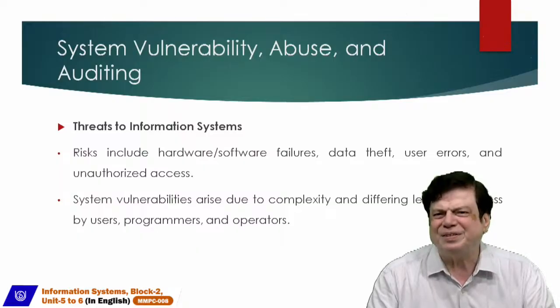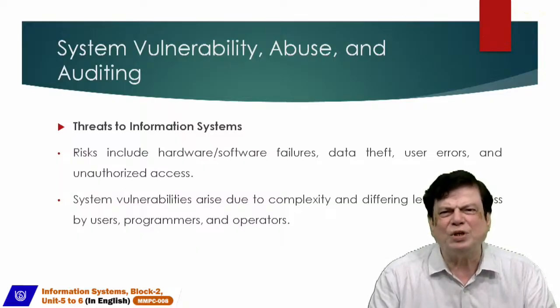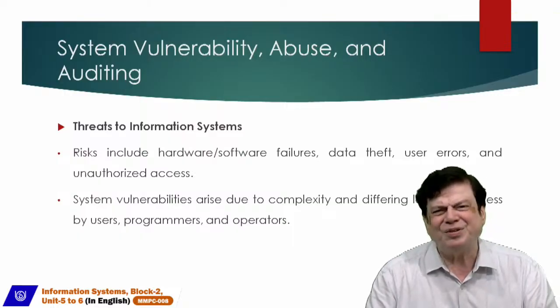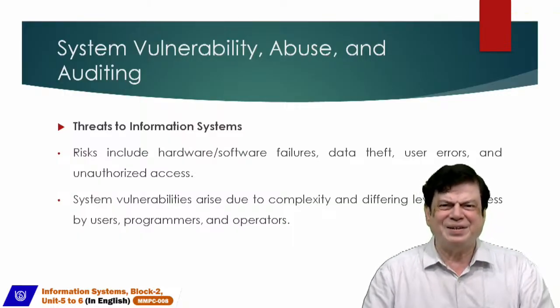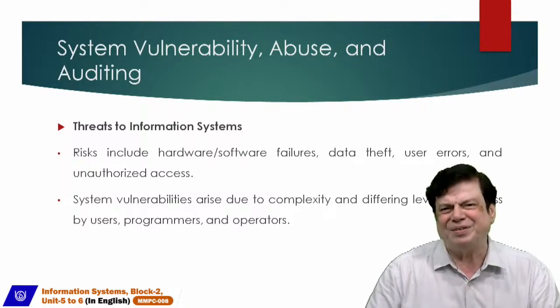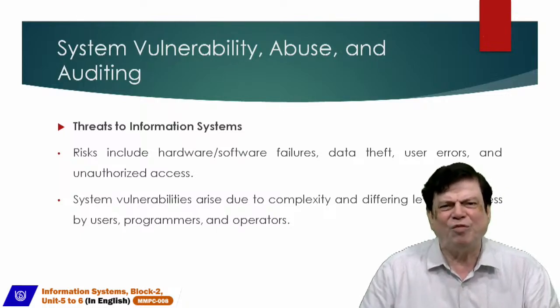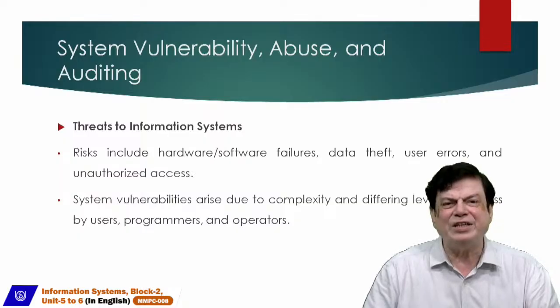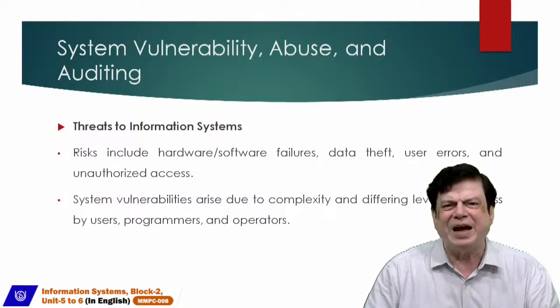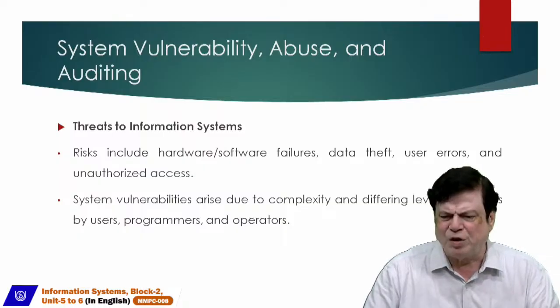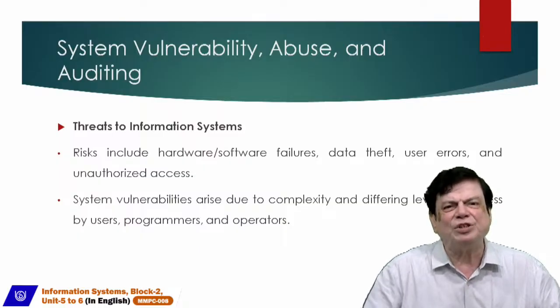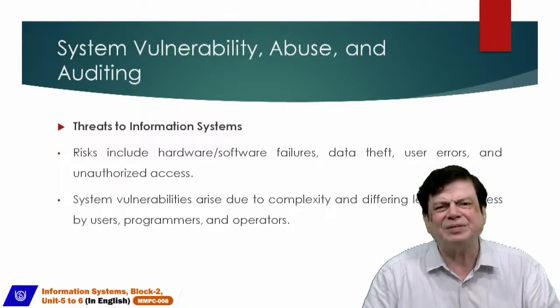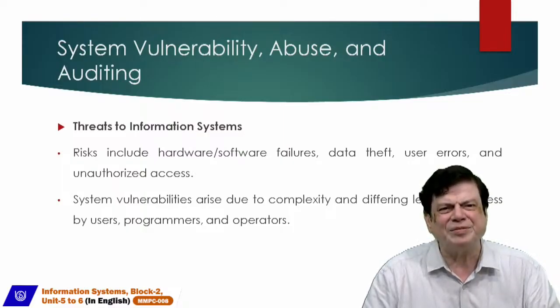Data theft, user errors and unauthorized access, where a person who is not authorized is working on the system. System vulnerabilities arise due to complexity and differing levels of access by users, programmers and operators.